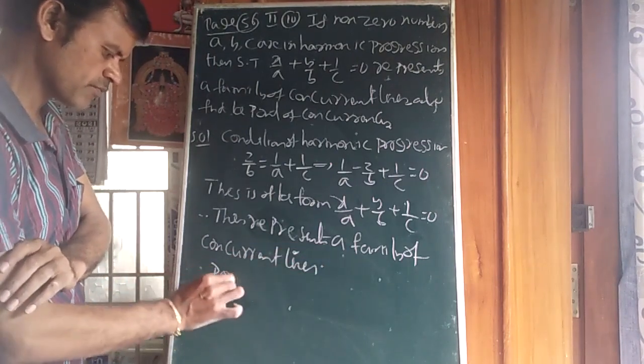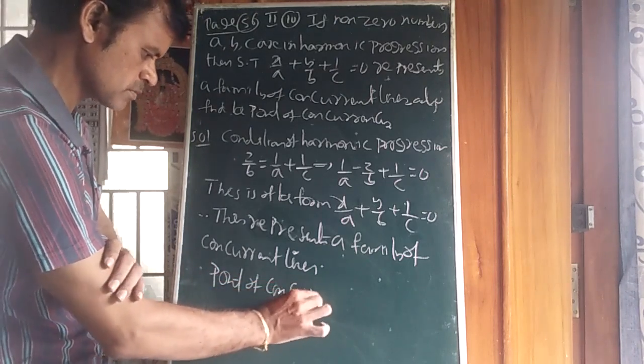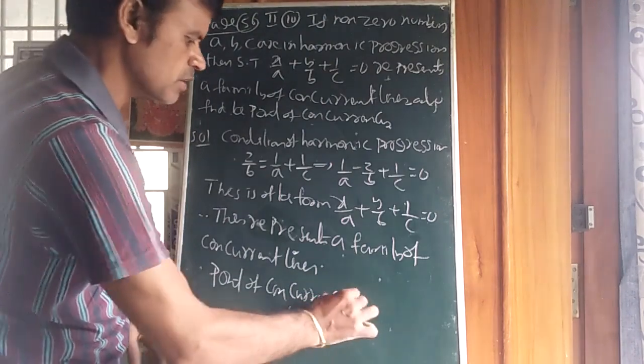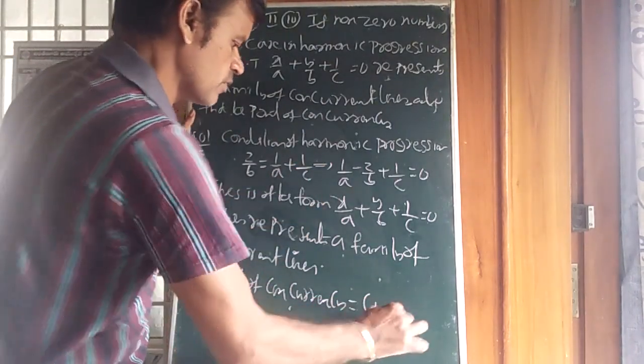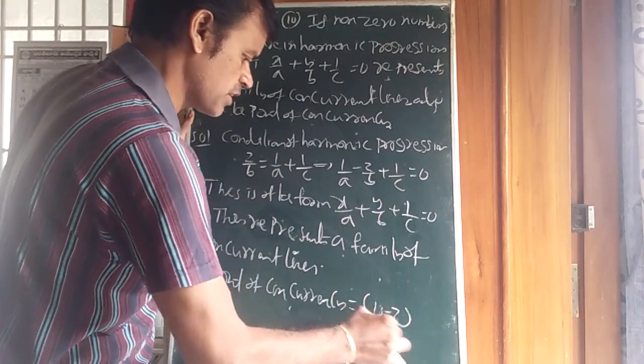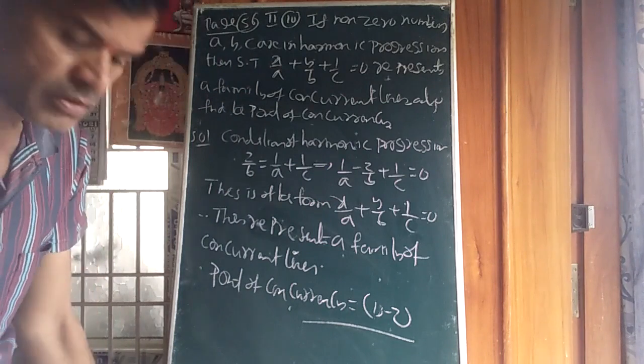The point of concurrence: whatever the x value is here, it is 1, and whatever the y value is here, it is -2. (1, -2) is the point of concurrence.